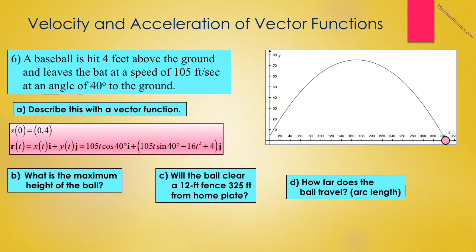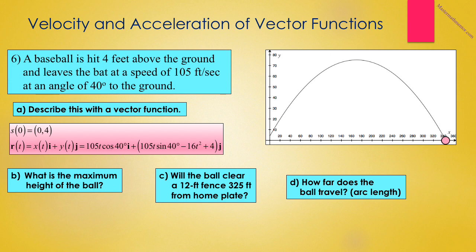We first want the vector function that describes this situation. s of 0 is (0, 4), assuming that home plate is the point (0, 0). So r of t is equal to x of t i plus y of t j, which is 105t cosine 40 degrees i plus the quantity 105t sine 40 degrees minus 16t squared plus 4 j.